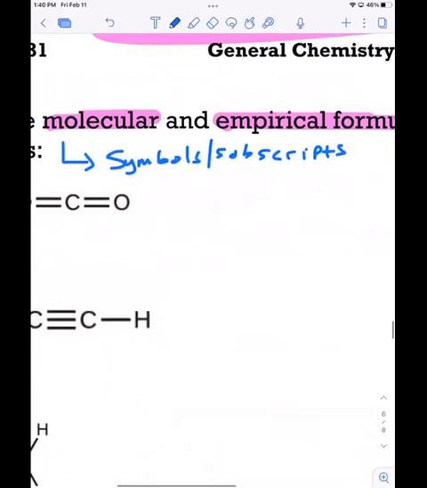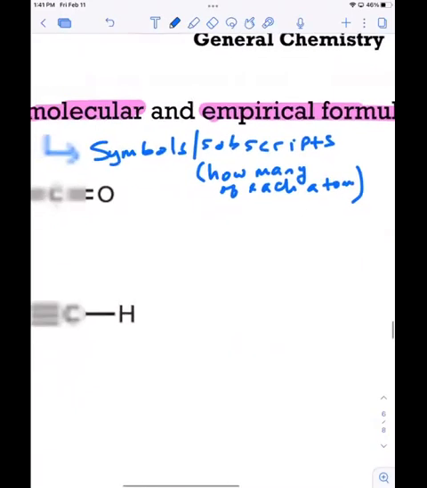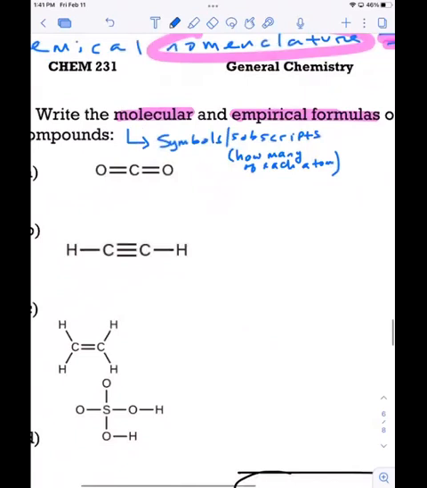And with the symbols and subscripts, the subscripts tell me how many of each atom is present. So when we write out a molecular formula, we use the symbols, and we use subscripts to tell us how many atoms are present in that formula.